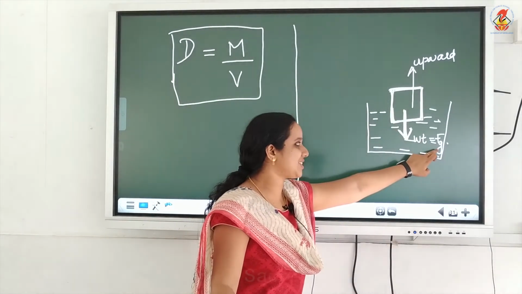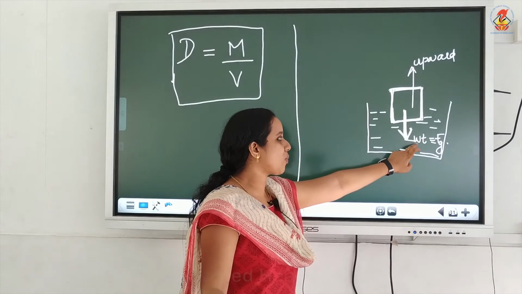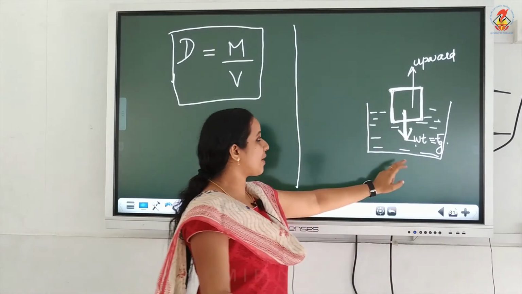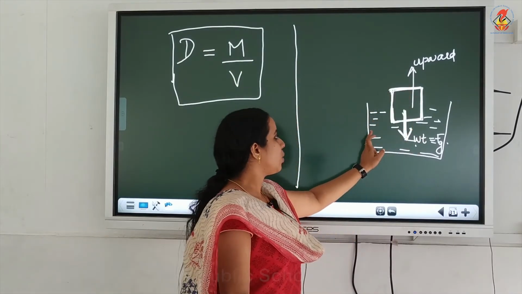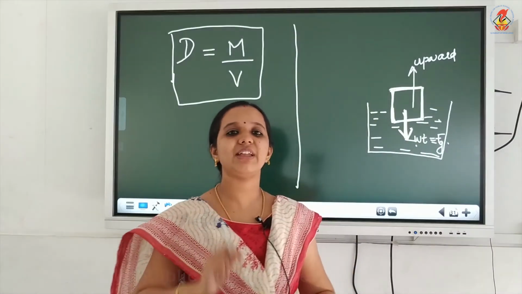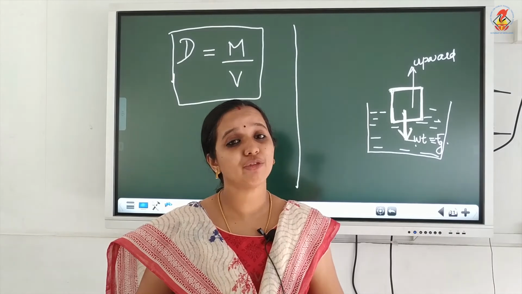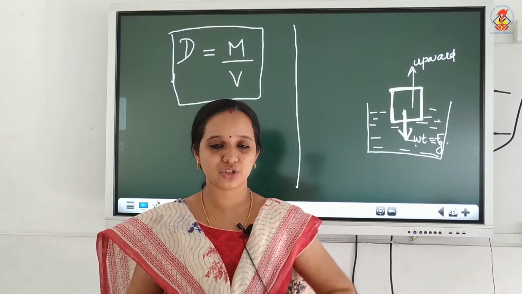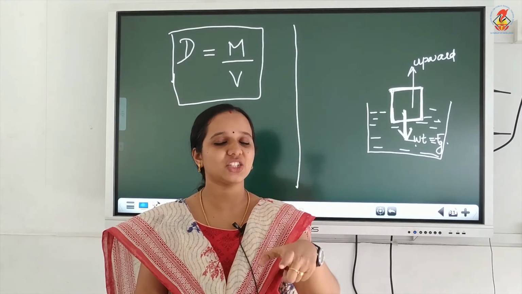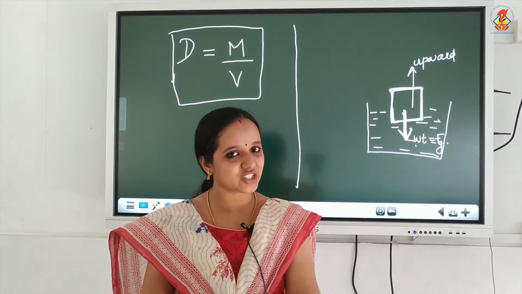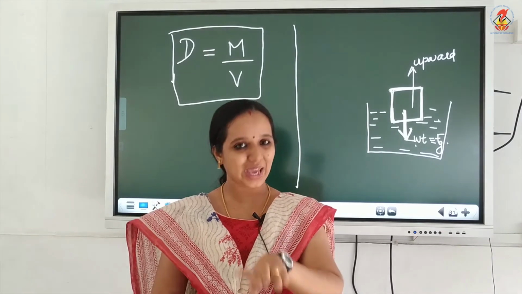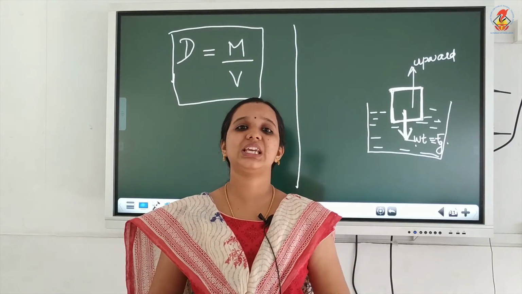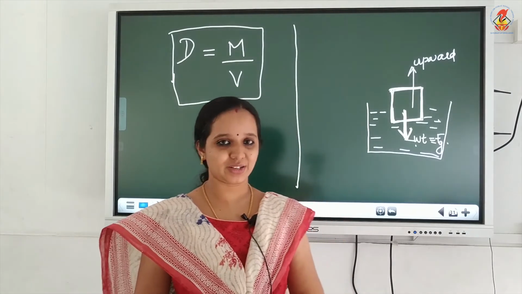One, a gravitational force which is equal to its weight acting in downward direction, and the other one is an upward force which is given by the fluid in which the object is immersed.